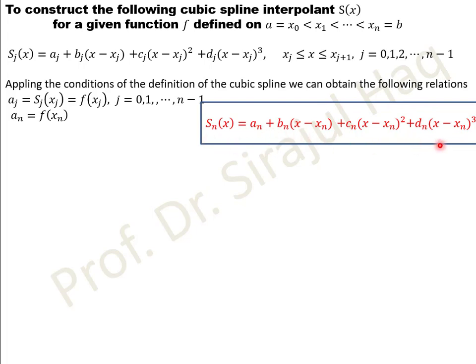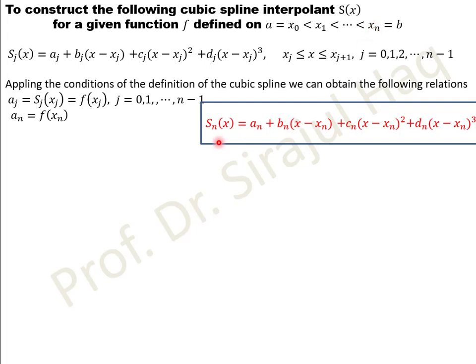Similarly, if I take the second order derivative, that becomes 2Cn plus 6Dn (x minus xn) raised to the power 1. When I replace x by xn, again the multiple of Dn becomes 0, and Cn can be linked with the second derivative of Sn minus 1 at xn.